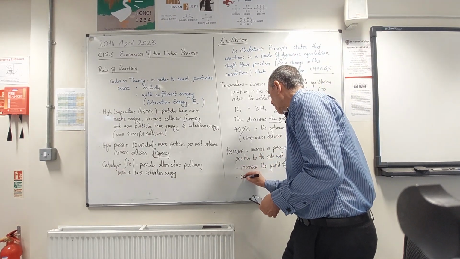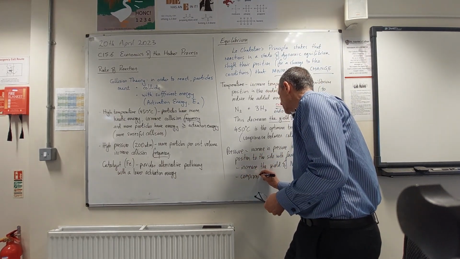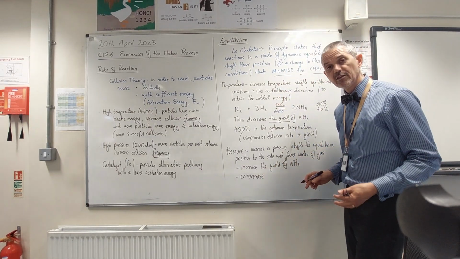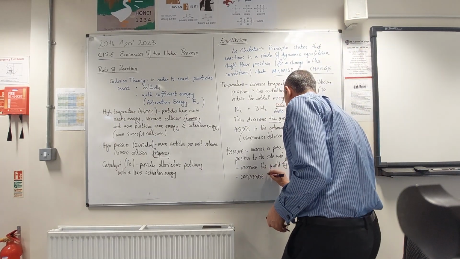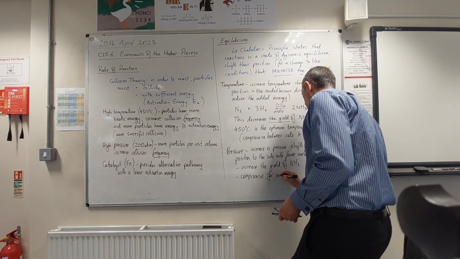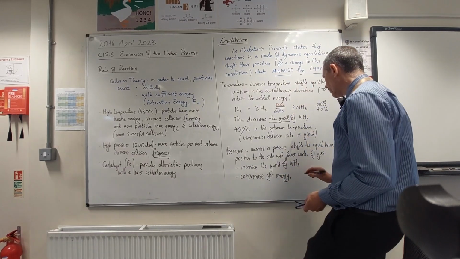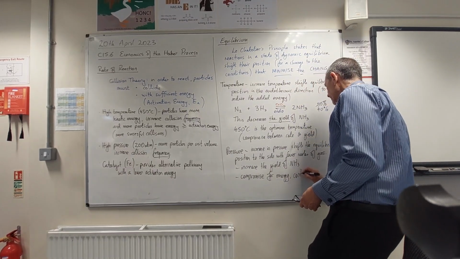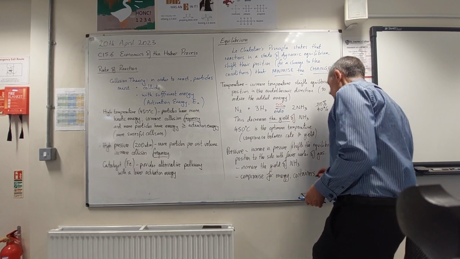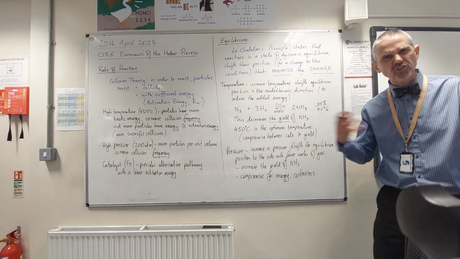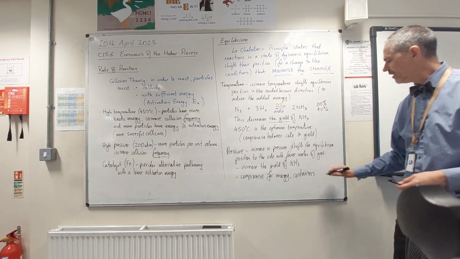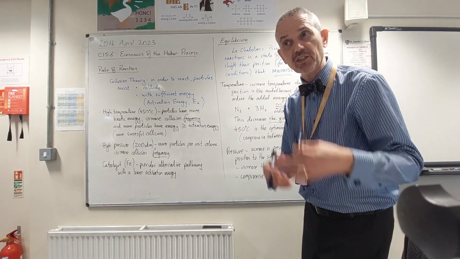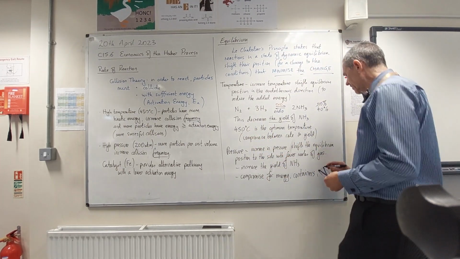So we now have a compromise, not in terms of rate versus yield, but in terms of energy costs, or the containers. Of course, higher pressure containers will have to be made of stronger steel. They're going to cost more money. Also, if we work at higher pressure, that's got health and safety considerations, right?